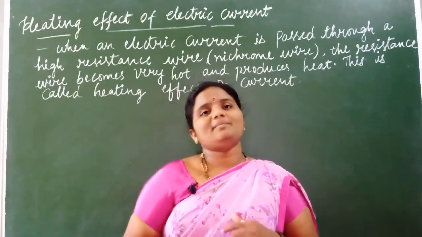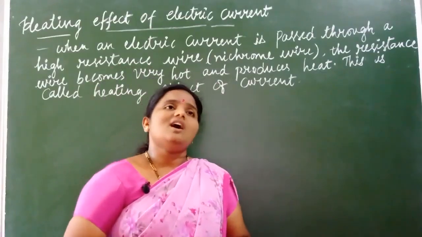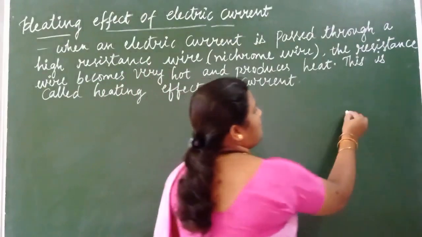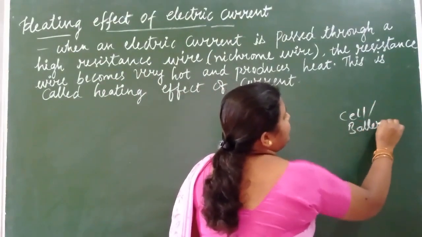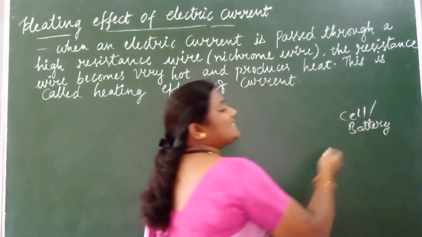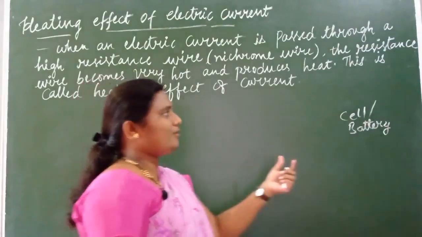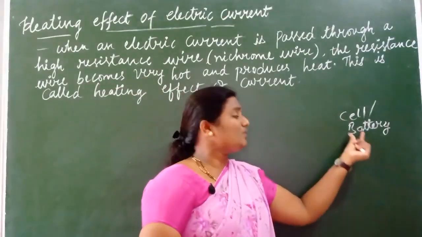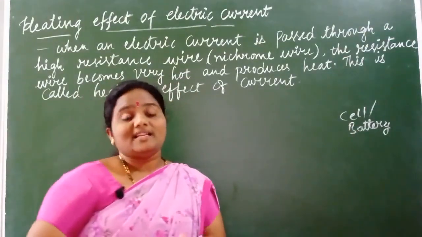Children, what is meant by heating effect of an electric current? A cell or battery will supply energy in the circuit, isn't it? Generally a cell or battery acts as a source of energy in an electrical circuit.